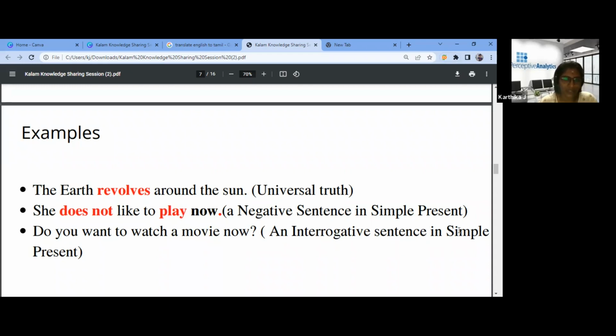So we call this a negative sentence. Interrogative means we ask in a question format. For example: do you want to watch a movie now? In this sentence, the word now is added, so it represents the present tense. We call this an interrogative sentence in simple present.